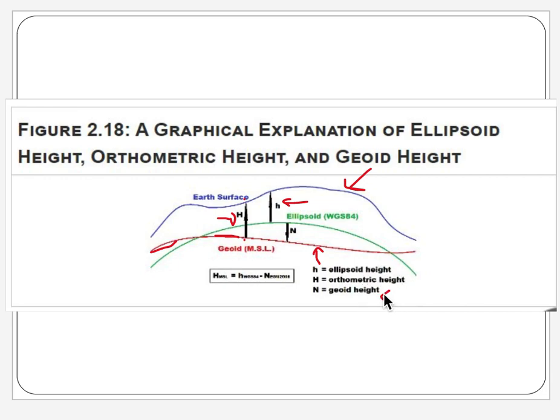And for our geoid height, this is the measured distance between the geoid and the ellipsoid. So again, these are the definitions.